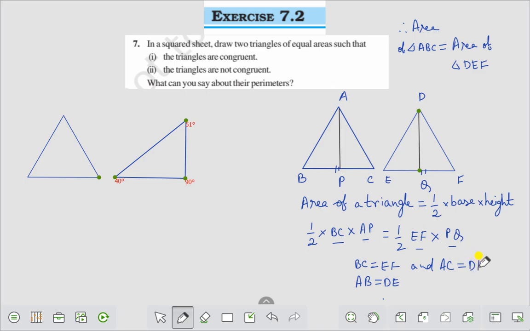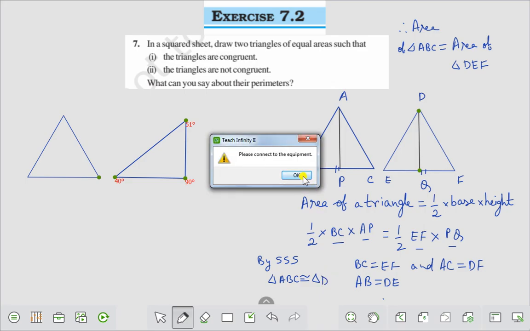Then all the corresponding sides are same. Therefore we can say that by the side congruent rule, the triangles are congruent. Triangle ABC is congruent to triangle DEF.